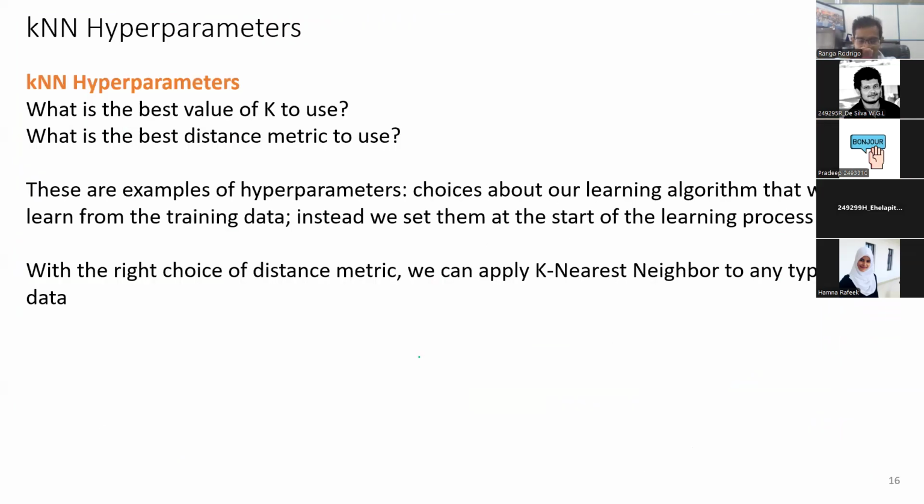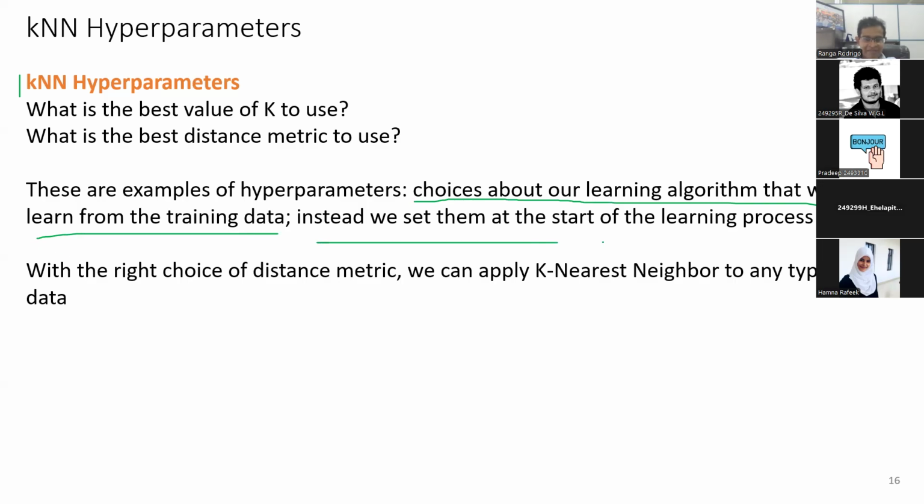So this is called k nearest neighbors, from 1 nearest neighbor to k nearest neighbors. What are the hyperparameters? That means parameters, not data. What are the parameters that characterize the algorithm? What is the best value of k to use? What is the best distance metric to use? These are examples of hyperparameters. They are choices about our learning algorithm that we don't learn from the training data.